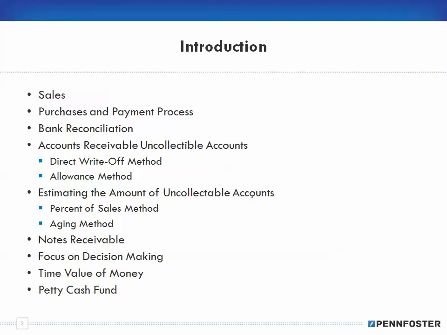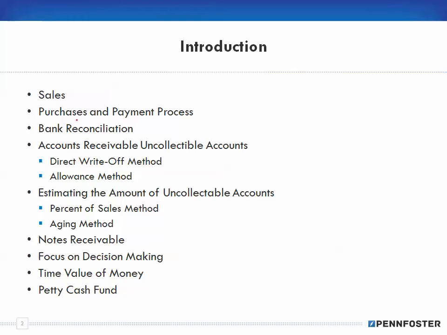Estimating the amount of the uncollectible accounts using the percentage of sales method and the aging method. We'll talk about notes receivable. Of course, we have our focus on decision-making section. And also, we have two appendixes: the time value of money, which is at the end of the textbook, and the petty cash fund, which is an appendix to Chapter 7 in and of itself.